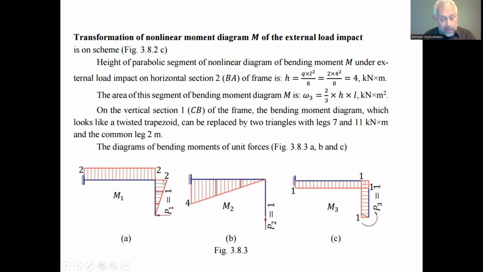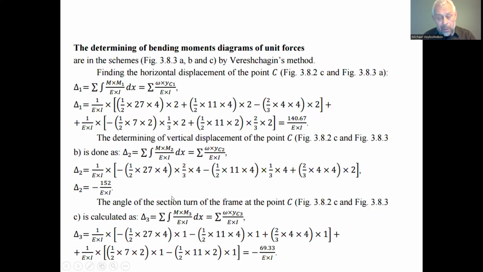If we have maximal 2, but for the 1/3 part from this point B to this definite ordinate, we have 2 multiplied by 2/3. This is 2 multiplied by 2/3.